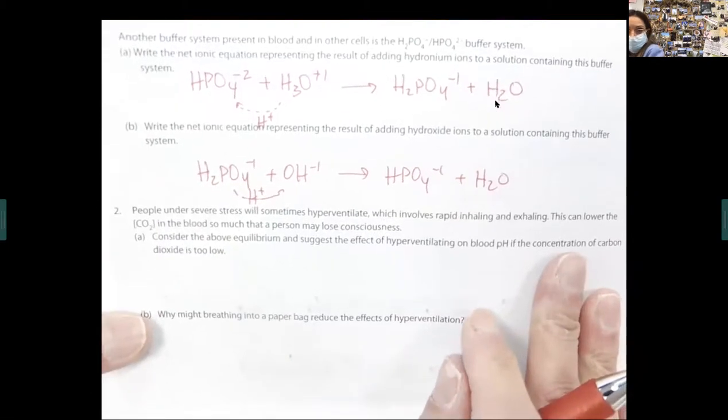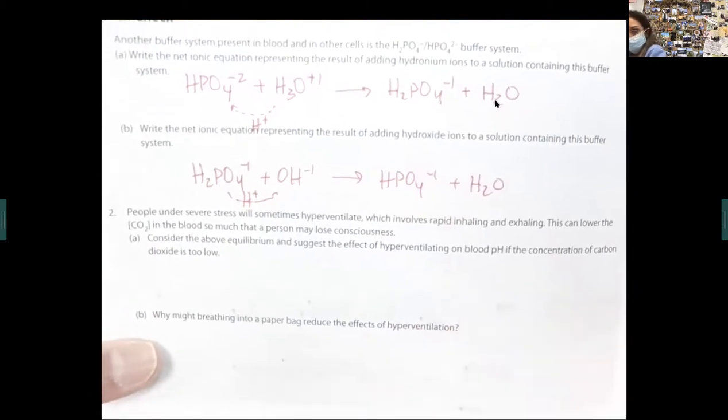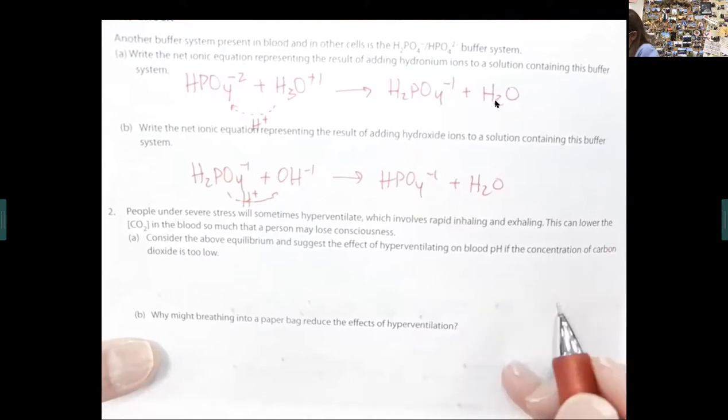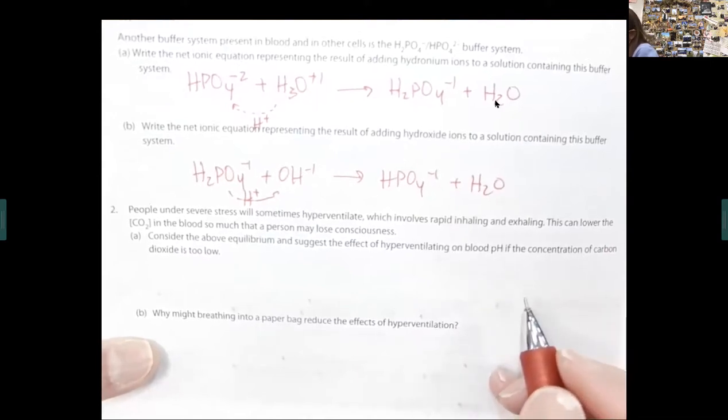For question number 2, people under severe stress will sometimes hyperventilate, and that can lower the carbon dioxide concentration in blood so that you pass out.